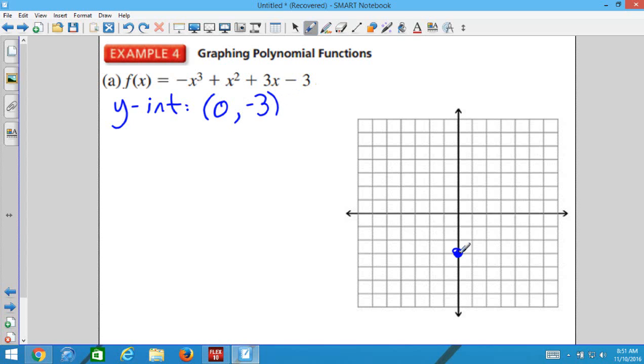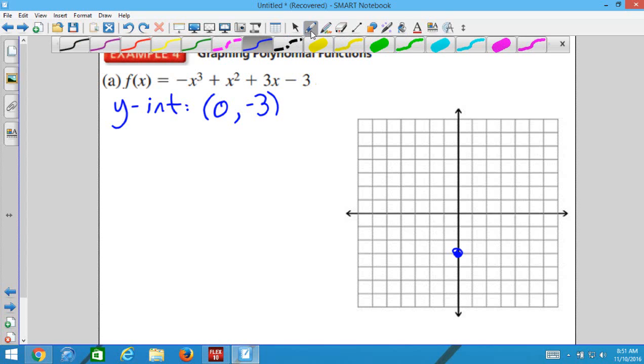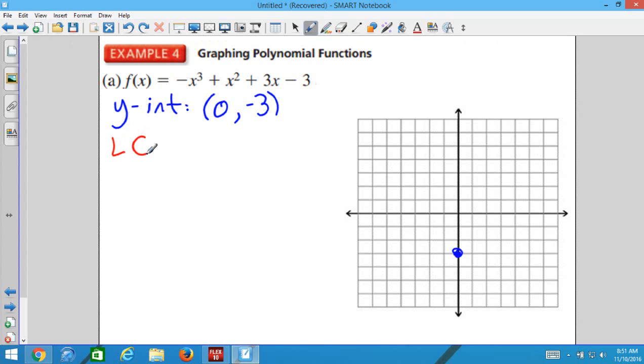Okay, and then with our leading coefficient and our degree, the leading coefficient is -1, and our degree is 3. So it's negative and it's odd.